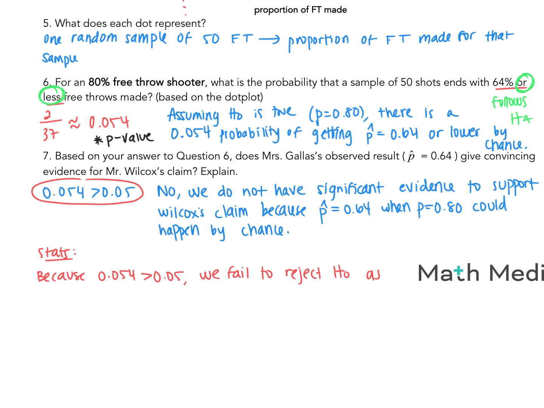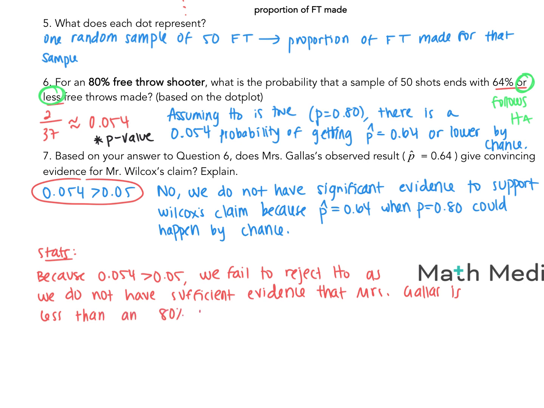What that means is we don't have enough evidence for Wilcox's claim, as we do not have sufficient evidence that Mrs. Gallus is less than an 80% free throw shooter. Symbolically, we don't have enough evidence that p is less than 0.8.